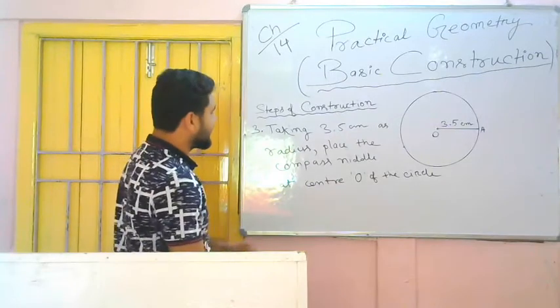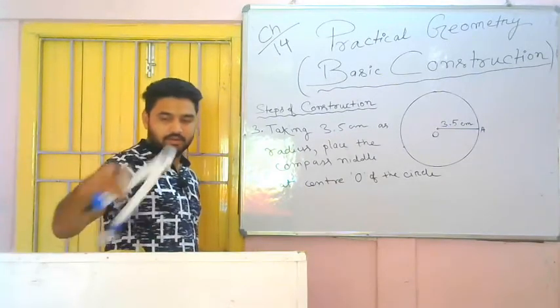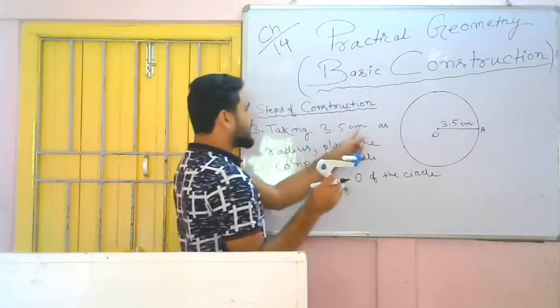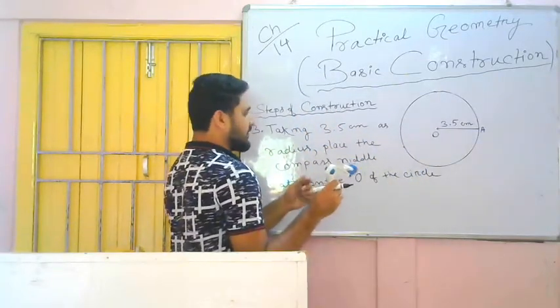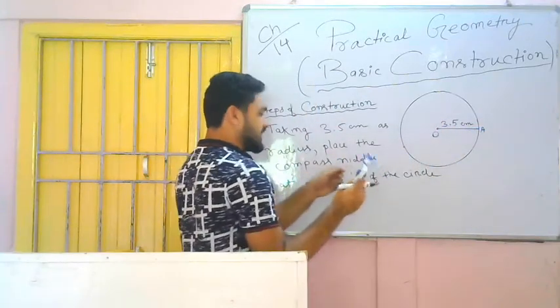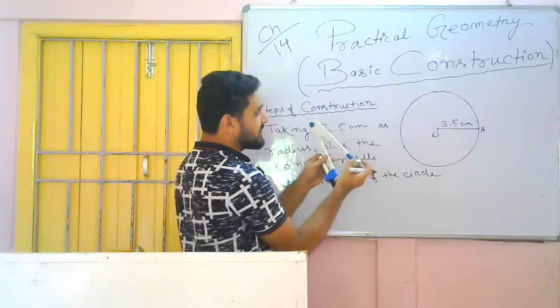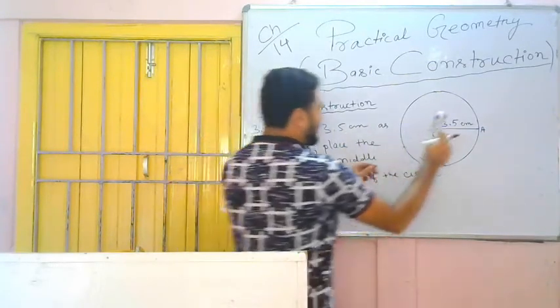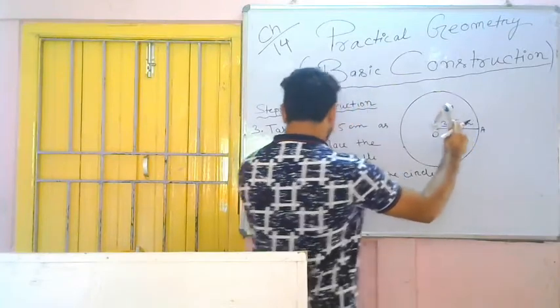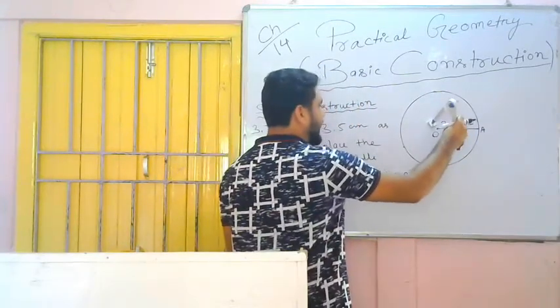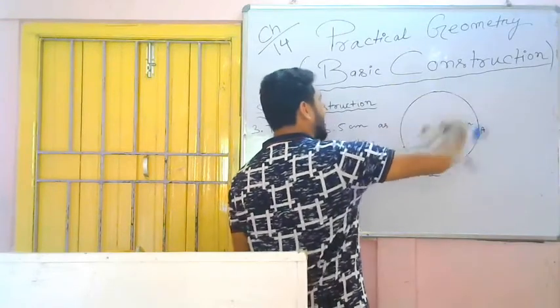That means this is the compass needle. You have to place the needle at the center of the circle, and you turn the pencil anti-clockwise.